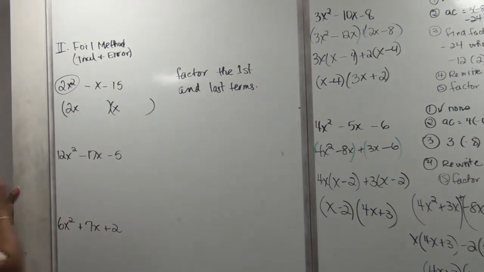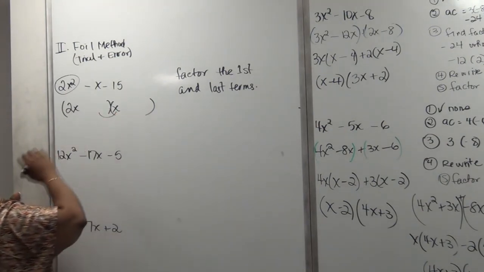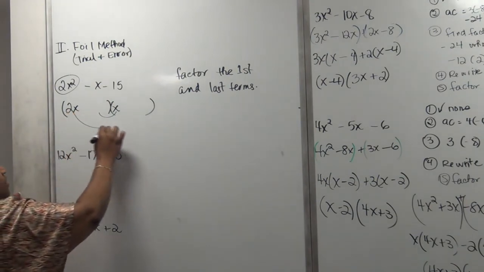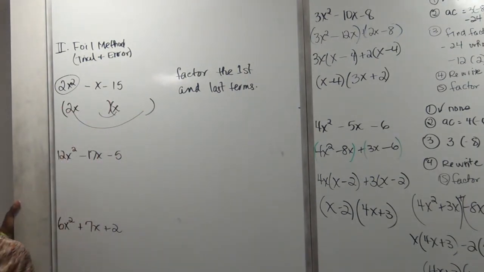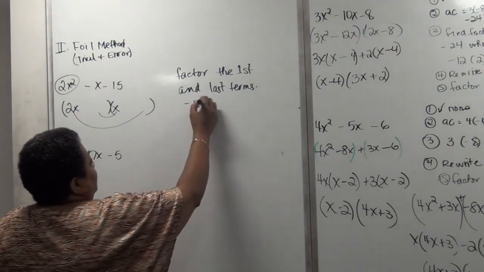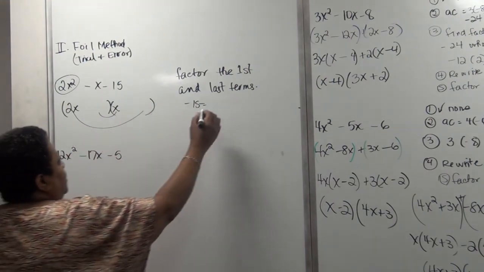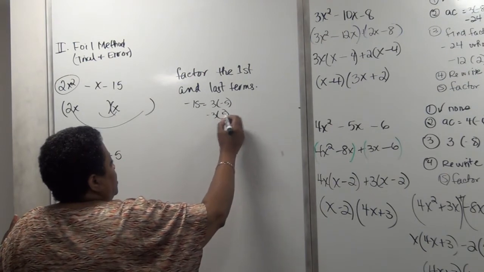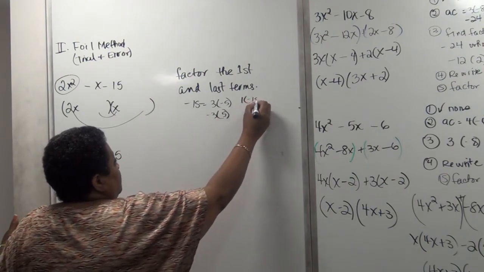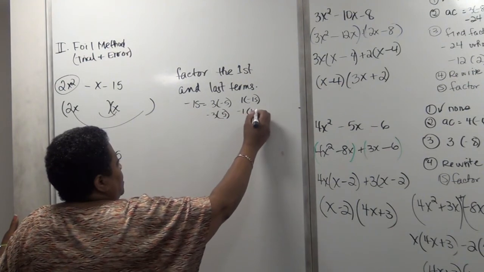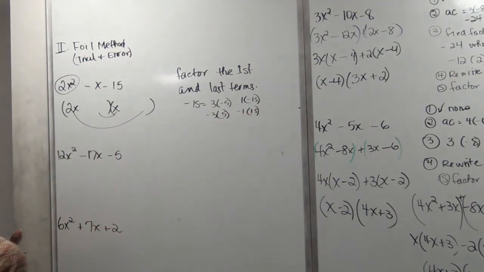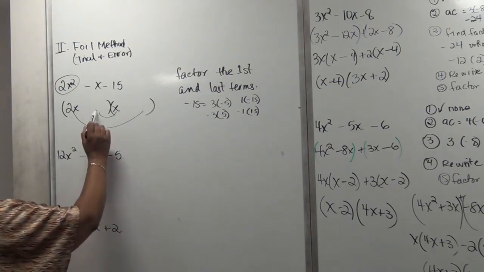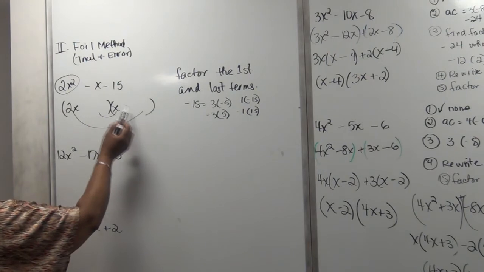We have to do 15 so that when we get the inners and the outers, we want -1. So the factors of -15 are what? Well, 3 times -5, -3 times 5, what else? 1 times -15, -1 times 15. And that's it. So we have to place these in such a way that when I multiply this and this, and add it, I get -1.